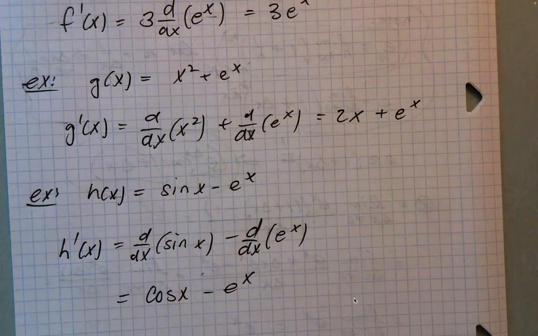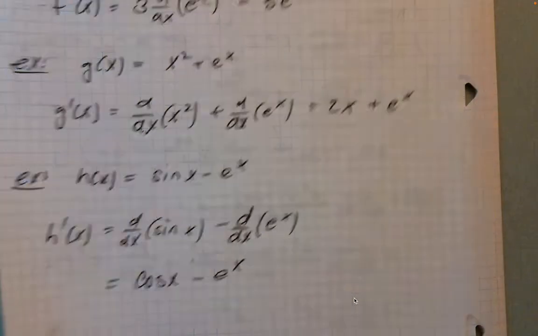Okay, so let's shift gears ever so slightly and talk about some applications. We've seen how the derivative can be used to determine the slope of a function, so that's sort of its big use case.